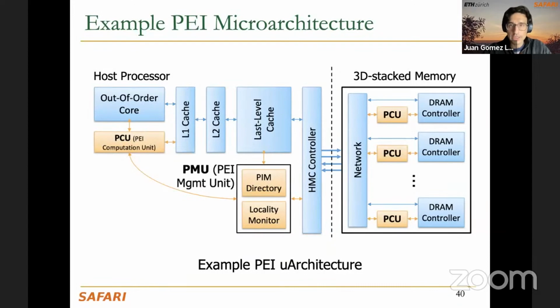And this is an example PIM microarchitecture. Remember that our system is expanded with some PCUs that are the units dedicated to execute the PIM-enabled instructions. PCU here means PEI computation unit. But the interesting thing of this proposal as well is that it does intelligent scheduling, because it includes this locality monitor that can check where a cache line resides, whether in the CPU cache hierarchy or in the main memory.